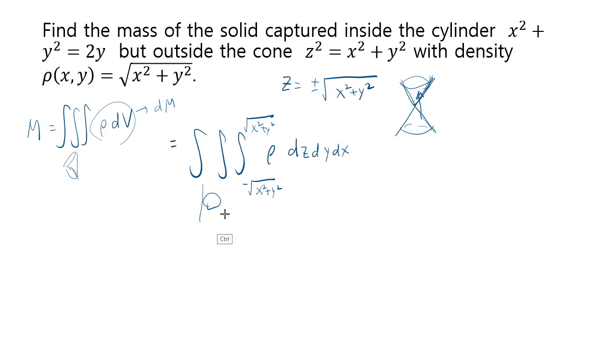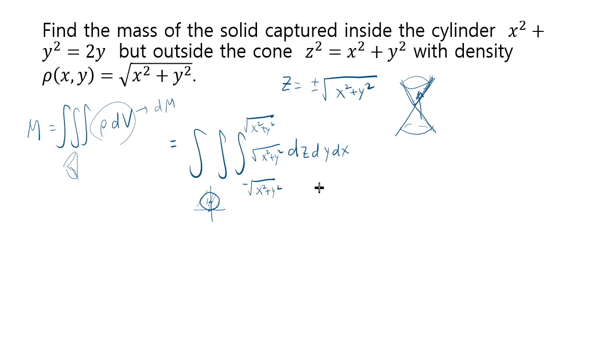Actually, the circle is this way, centered at 1 with radius 1. So once you've integrated z, this is what you get. Let's not write rho, but let's write down the formula for that, which is square root of x squared plus y squared.